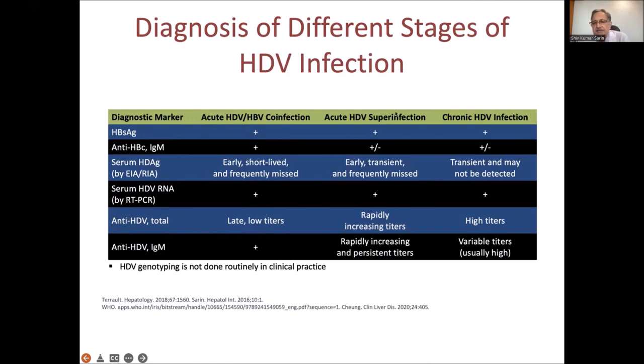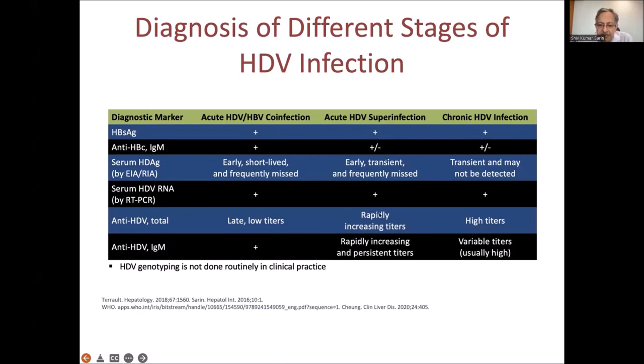Suppose somebody was already having hepatitis B. On that, a needle stick or blood of acute delta has come. In this patient, you will have delta RNA, delta antigen. You will probably have no IgM anti-core, but may have it rarely.